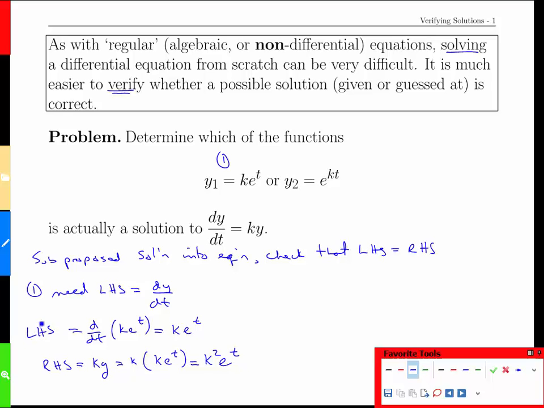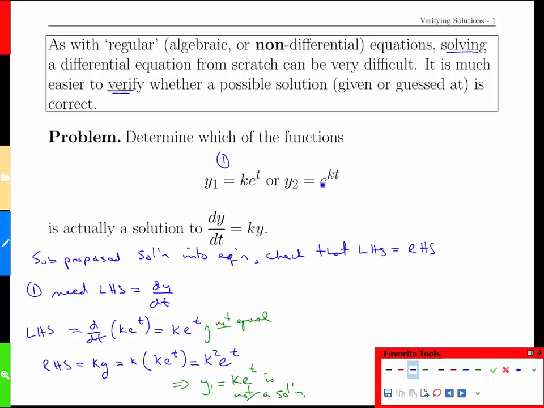So what we've said is that the left-hand side of the equation would equal k e to the t with the solution, but the right-hand side of the equation, if we expand it out completely, would be k squared e to the t. These are not equal, and so that immediately means that y1, this guess that k e to the t is a solution, is actually not a solution, because when we plug it in, it doesn't satisfy the equation.